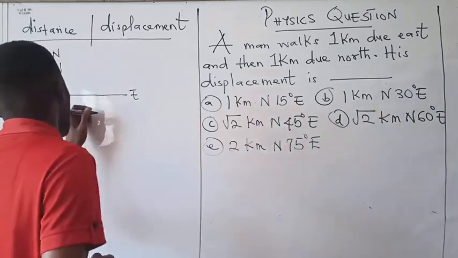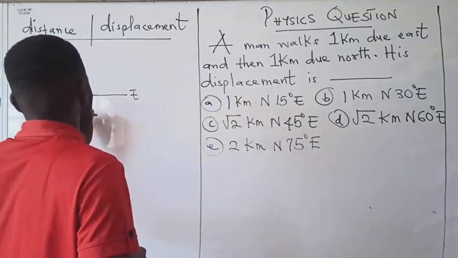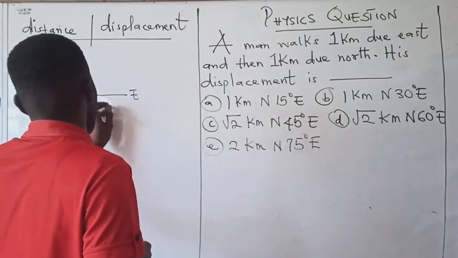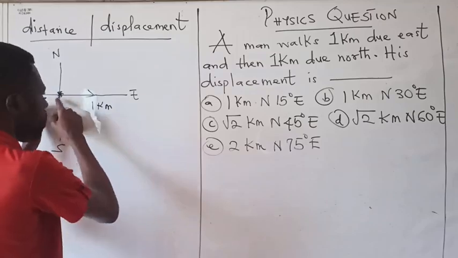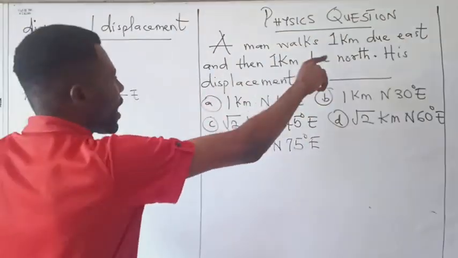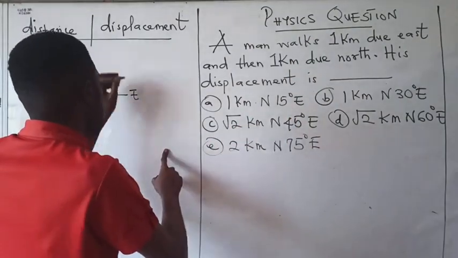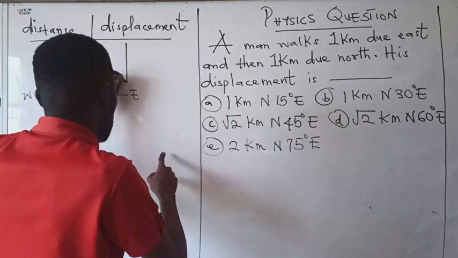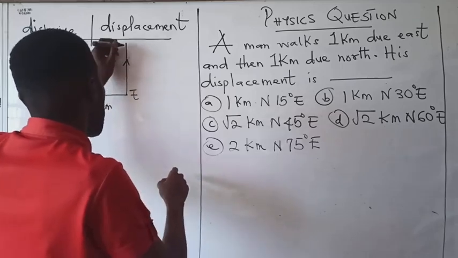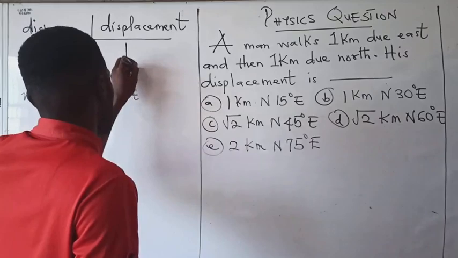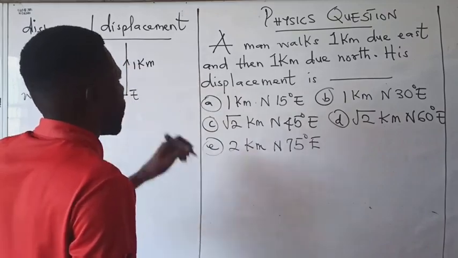He walks 1 kilometer due east, and then 1 kilometer due north. He walks another 1 kilometer in the northern direction.